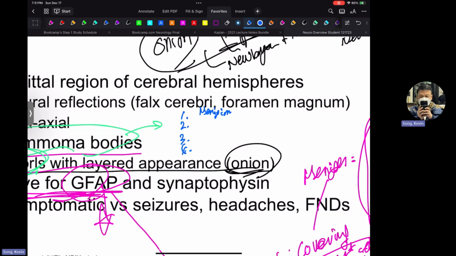Meningioma, and then mesothelioma, which is a kind of covering, the lining. And then the other one is the papillary.